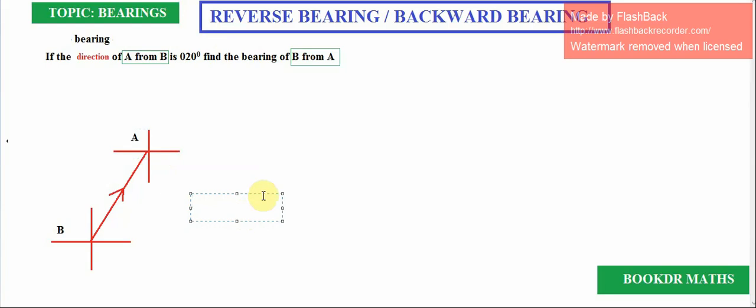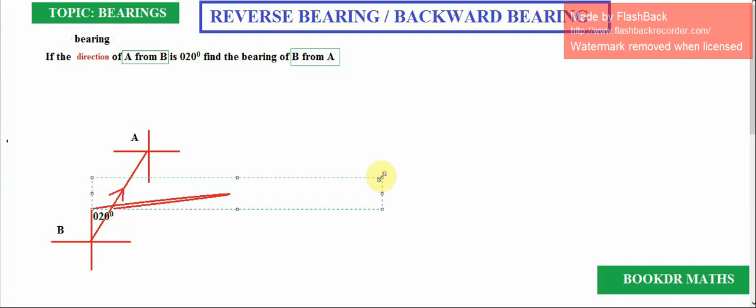As we're doing compass bearing, you must also always indicate your angle. So this is 020 degrees, and then enclose the place with an arc.